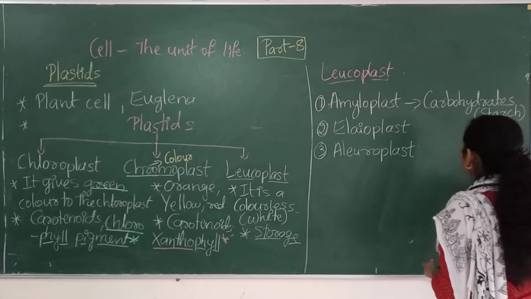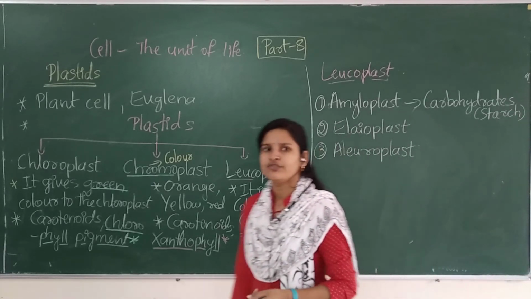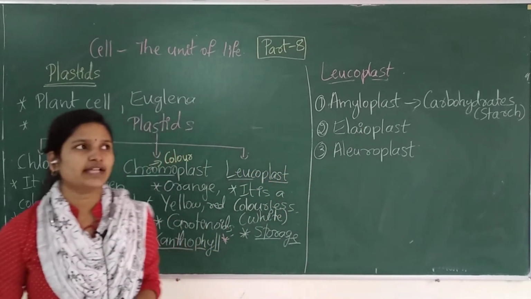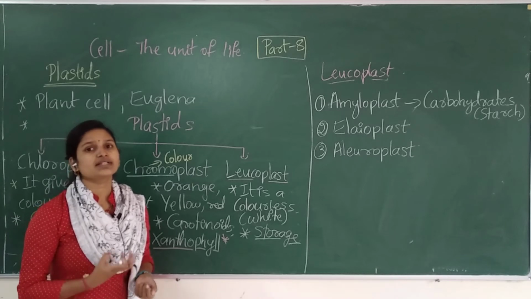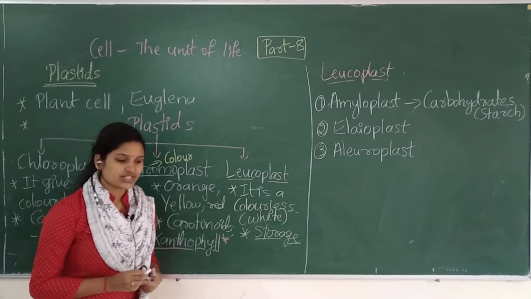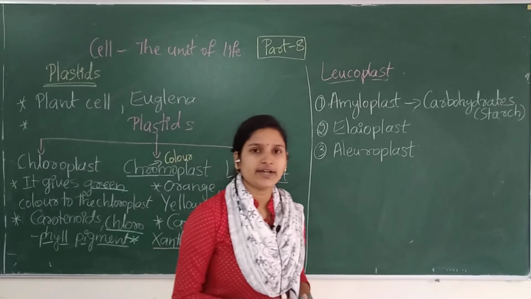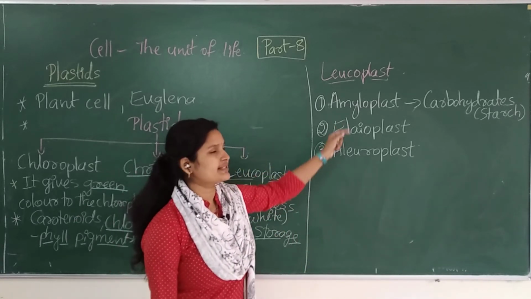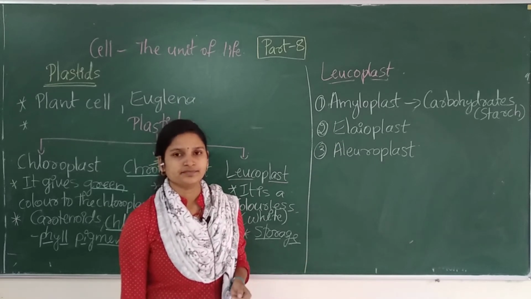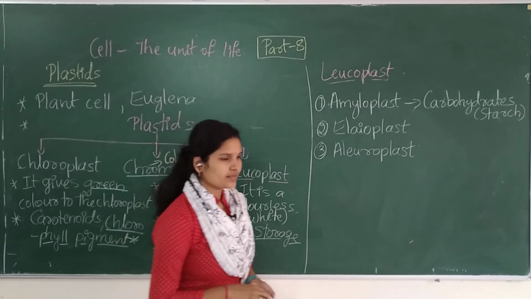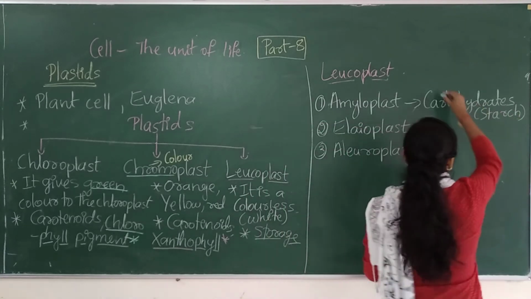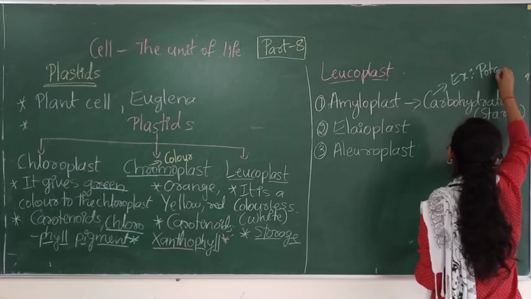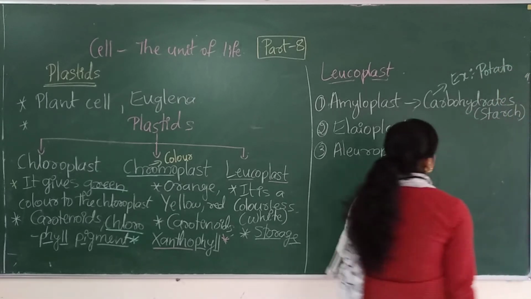Can you give me an example? In vegetables and all, we observe these kinds of storage patterns. Can you give me an example for amyloplast, which stores the starch essential for our body for proper development and growth? Yes, good, the example is potato.